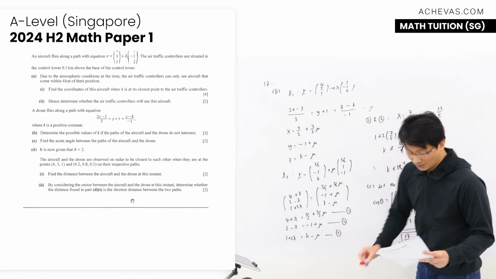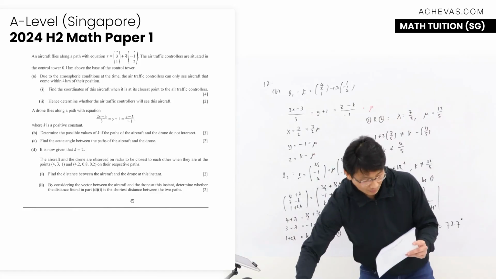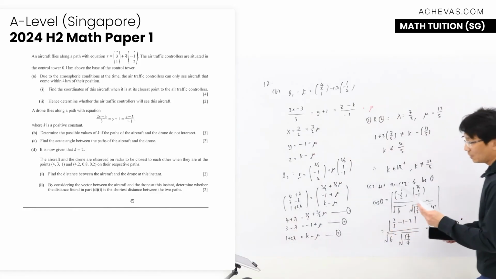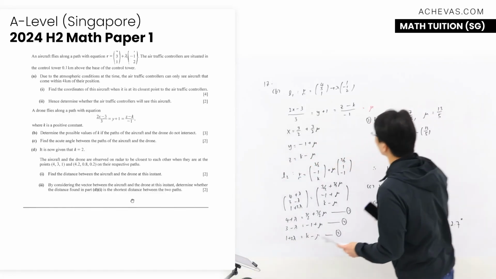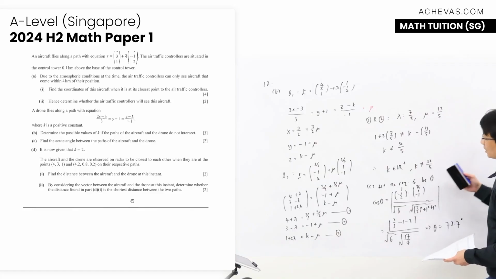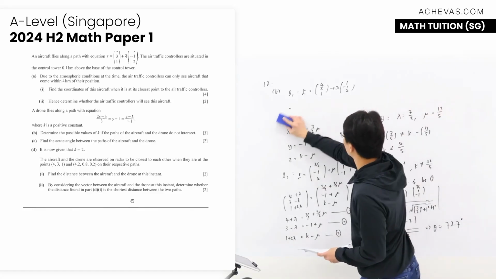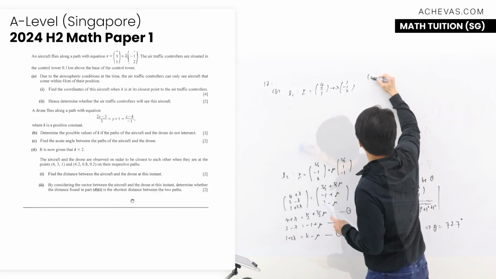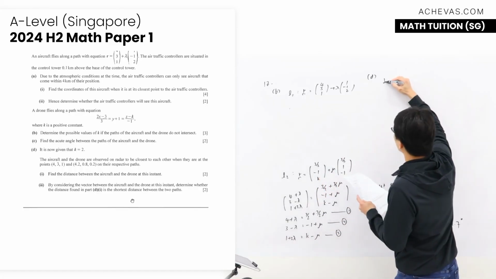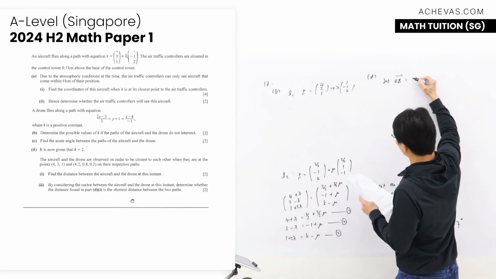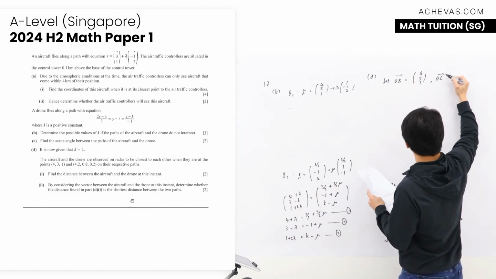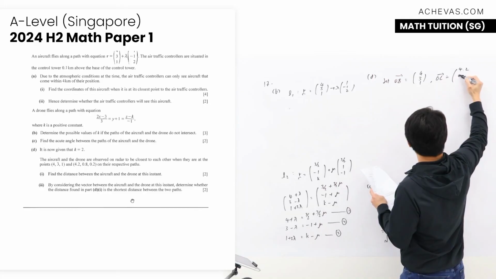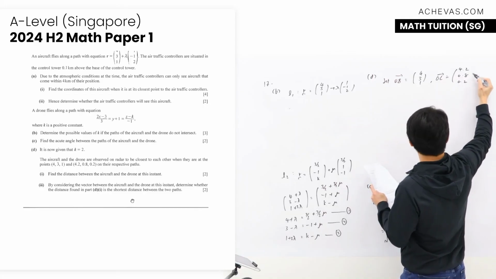I think I can let OB be (4, 3, 1) and let OC be (4.2, 0.8, 0.2).